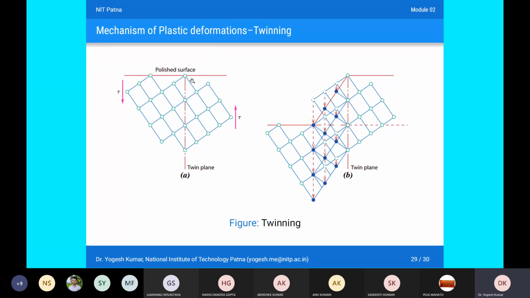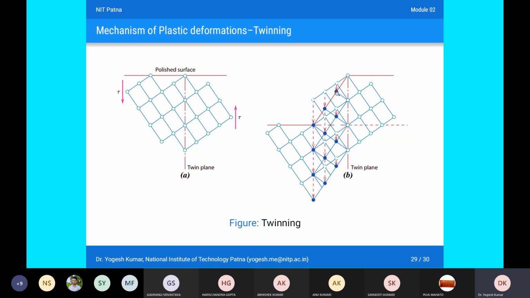I have tried to elaborate it with a more detailed diagram. You can see when you apply shear stress, suppose this is your twin plane, these atoms, or column or plane of atoms, start moving. Suppose it got shifted by a certain value in the downward direction.